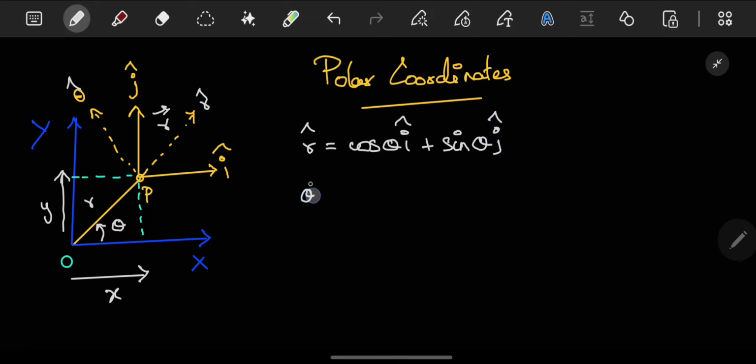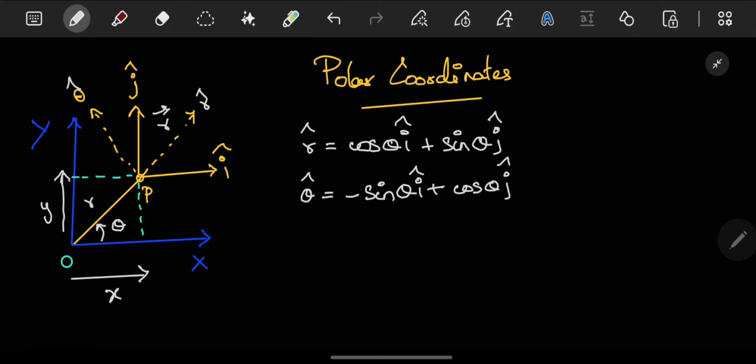And similarly, theta cap is equal to, we'll be considering the negative side of i cap, so that will be minus sin theta i cap plus cos theta j cap.